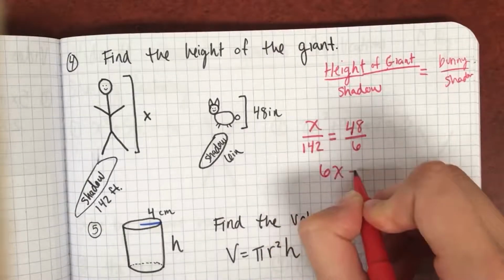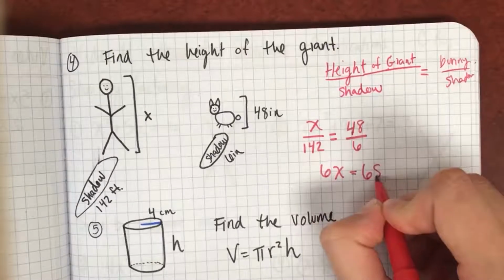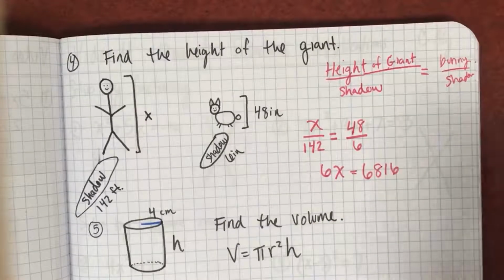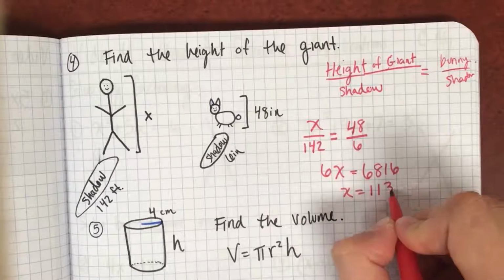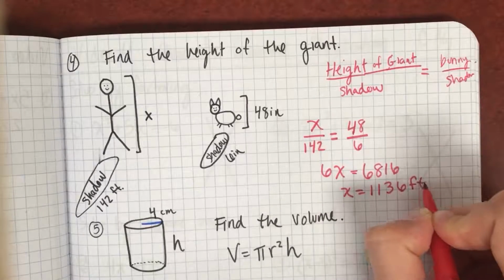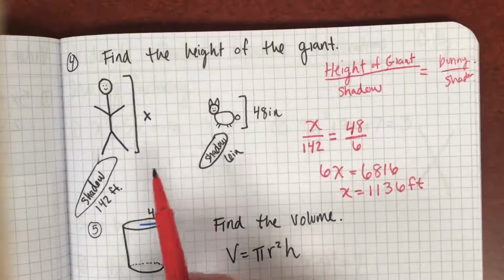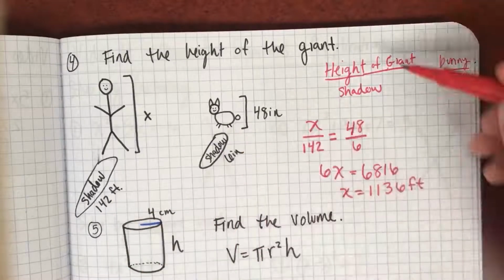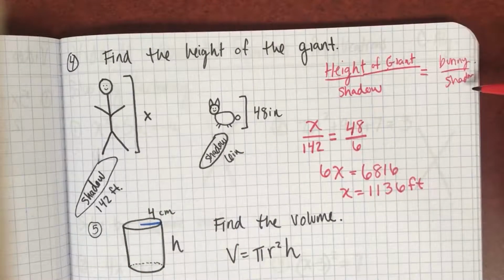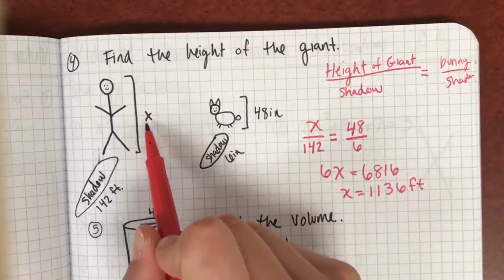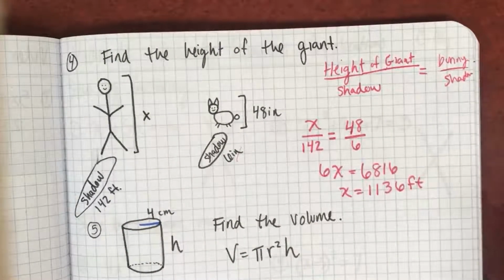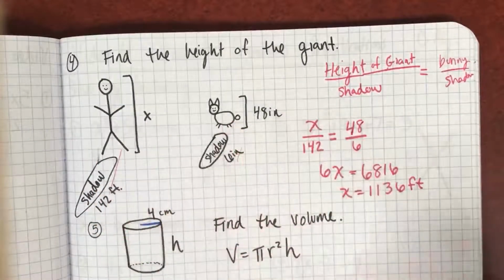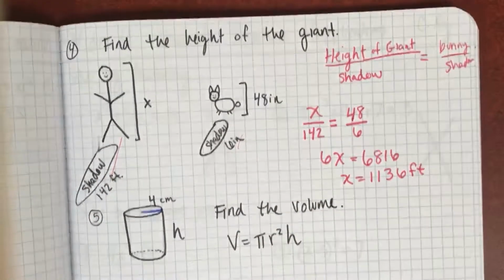So we have 6x equaling 6,816, so x is going to equal 1,136 feet. And it's okay that this is feet and this is inches because they're the same in each fraction. If my height was in feet and my shadow was in inches and both of these were in inches, then we'd have a problem. But because each fraction was the same, it works out for us.